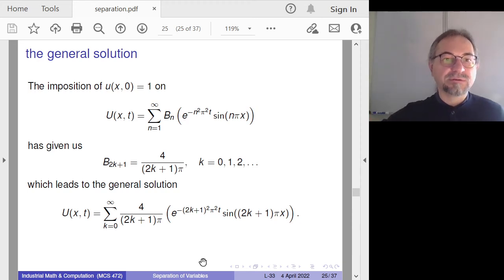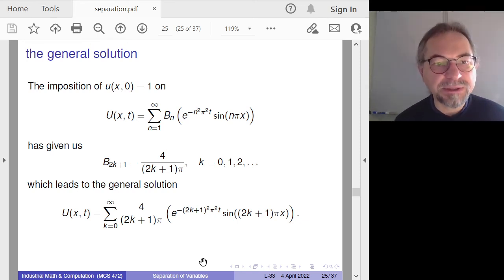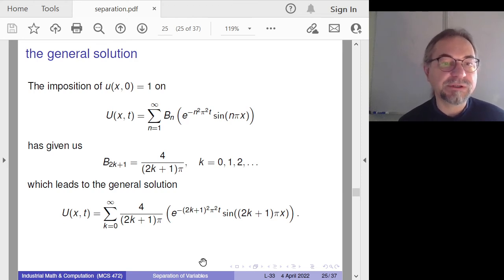The cosines dropped out with one of the boundary conditions. We had infinitely many eigenvalues when we used the right boundary condition. And imposing the initial profile led to the explicit calculation for all the coefficients in the Fourier series approximation.